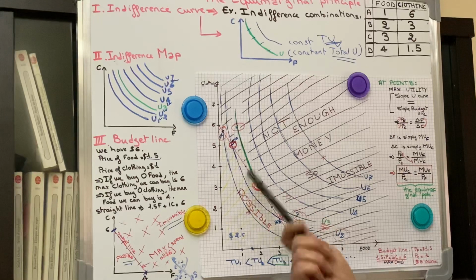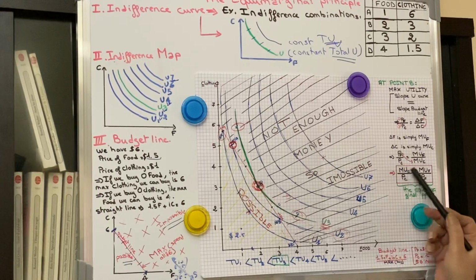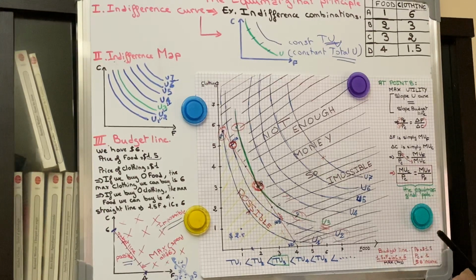Here we have 2 dimensions, so we can only do it with 2 goods. But in reality, you don't buy one good, you buy baskets of goods, many goods. So you keep buying the highest marginal utility per price till you equalize the marginal utility over the price with all the other marginal utilities over the prices.